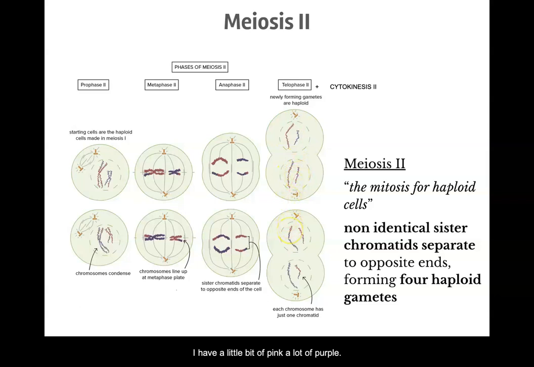Here I have, opposite token, a little bit of pink, a lot of purple. Just appreciate the different colors, because what that's showing me is that because of the process of crossing over that occurred during prophase 1, I now have genetically different cells resulting. Not one is similar to the other. They don't have to be. Meiosis gives us this genetic diversity.